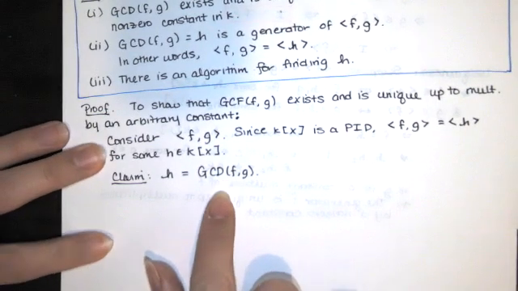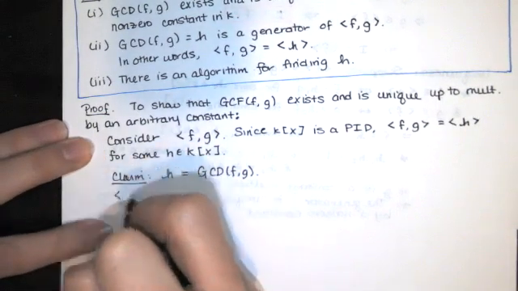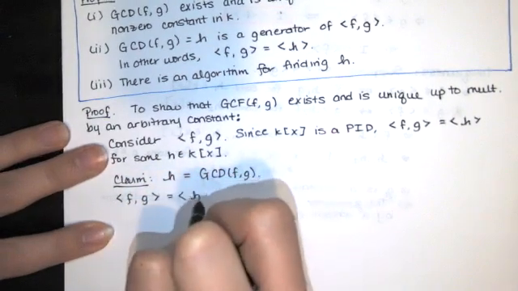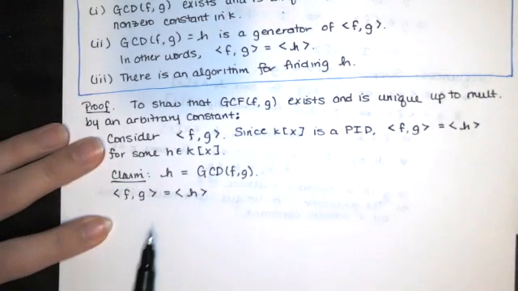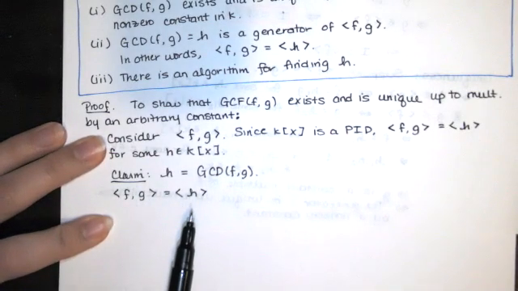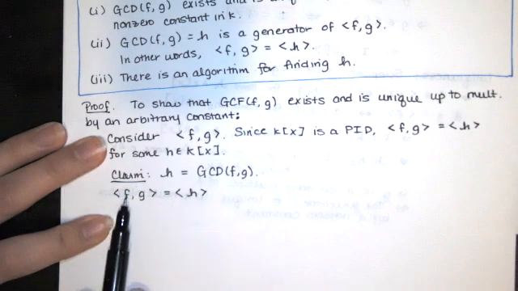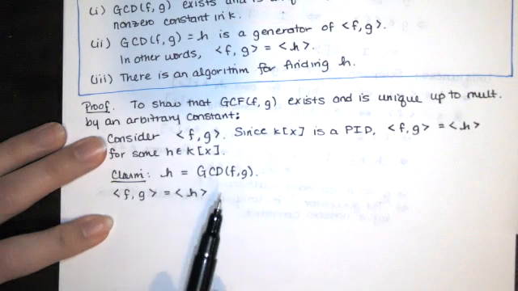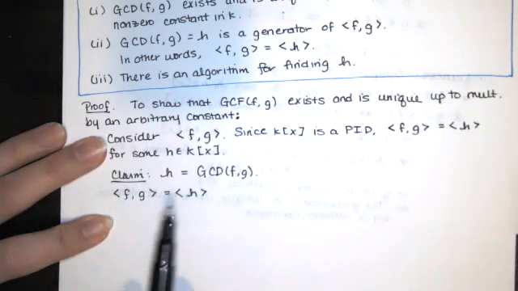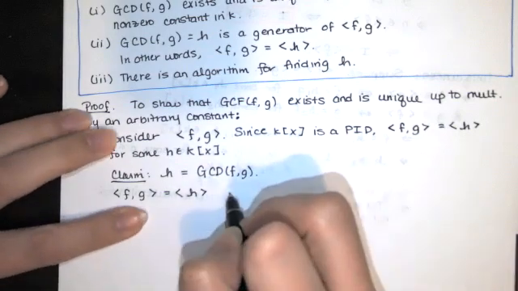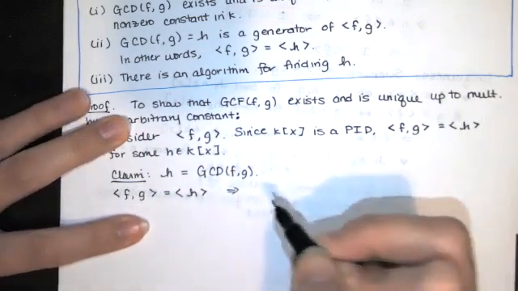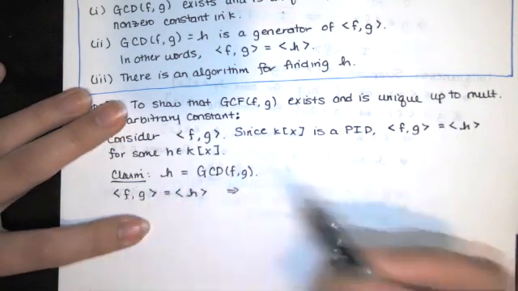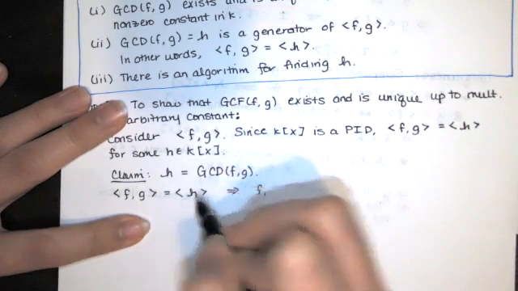That's what's necessary if we want to show that H is actually equal to this thing. So we know that these two ideals are equal to each other. And if they are equal, then obviously F and G belong to this ideal and H belongs to this ideal. What I'm most interested in is that F and G have to be in this ideal over here.